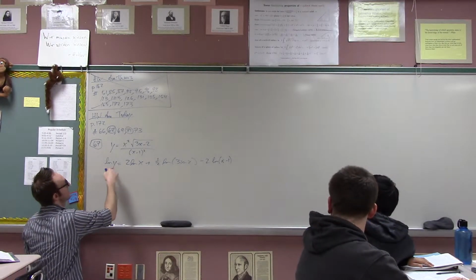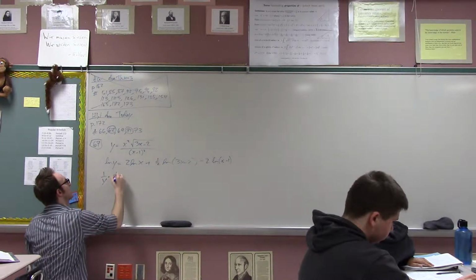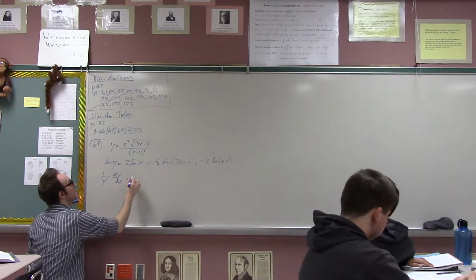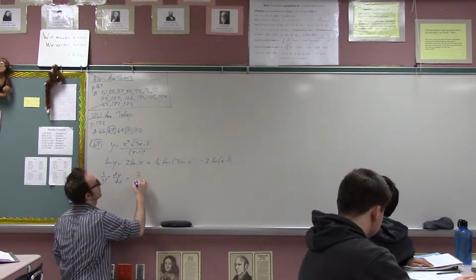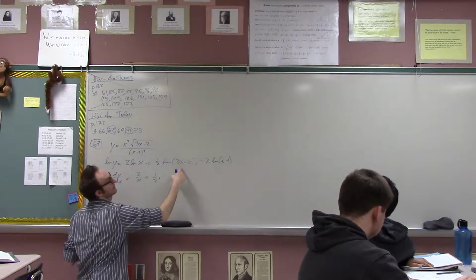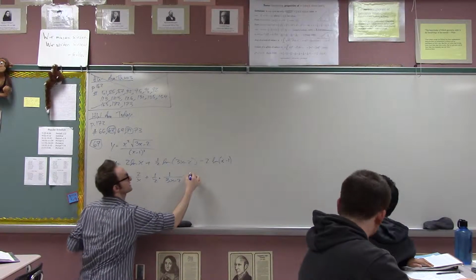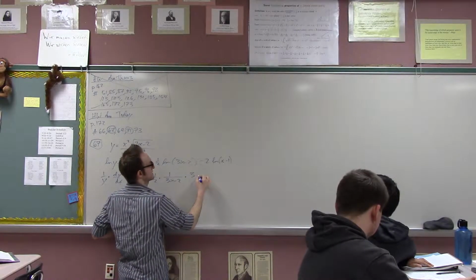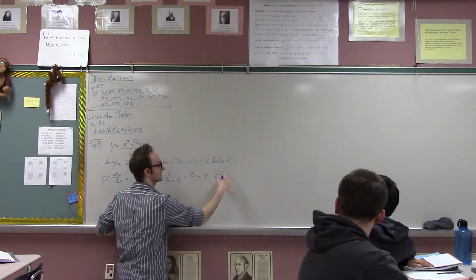So when I differentiate ln y, the derivative of ln y is 1 over y dy/dx. And here we have 2 over x plus 1/2 times the derivative of ln(3x minus 2), which is 1 over 3x minus 2 times 3 from back inside. And this is minus 2 times the derivative of ln(x minus 1), which is 1 over x minus 1 times 1 from back inside.